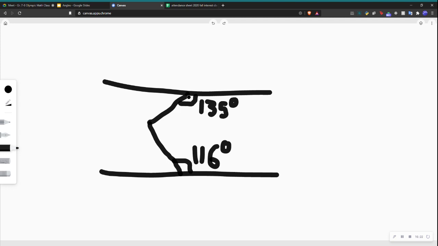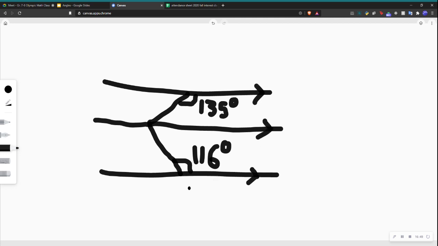Actually, here. Oh, I see what you mean. Okay, but I was thinking of something different. Here you drop another line that's parallel. Actually, you draw a line that's parallel to both these lines, and you draw it through this vertex right here. So all three of these lines are parallel.